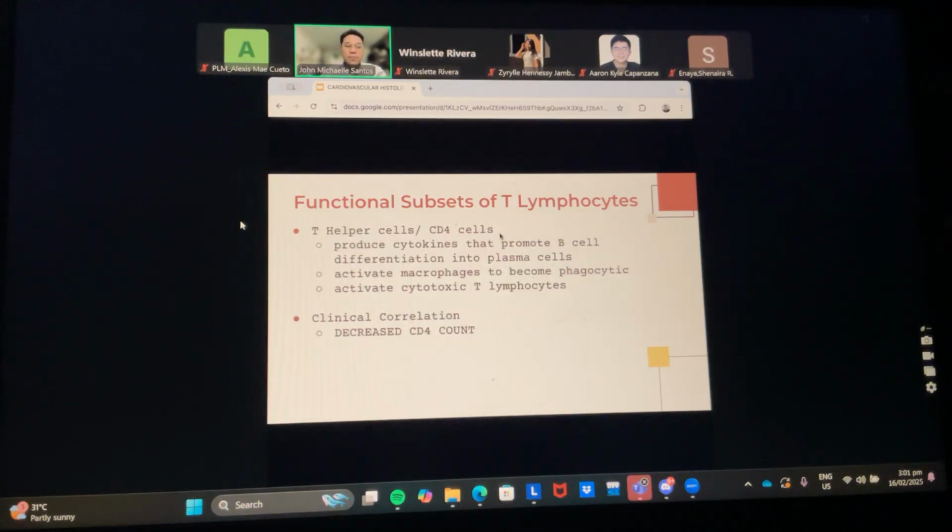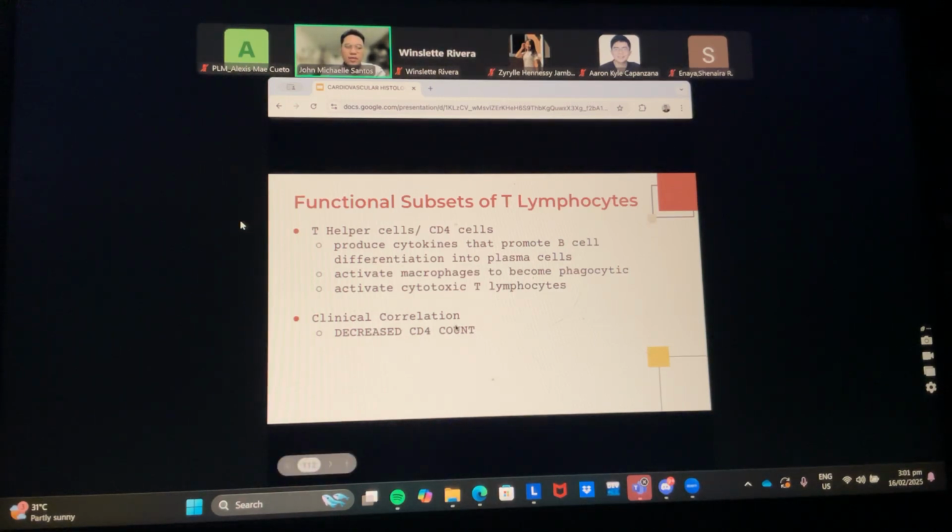Your T helper cells or your CD4 T cells, they produce cytokines, yung nasa primary immune system natin kanina, to promote B cells, and they activate macrophages to become phagocytic and also activate your cytotoxic T lymphocytes.